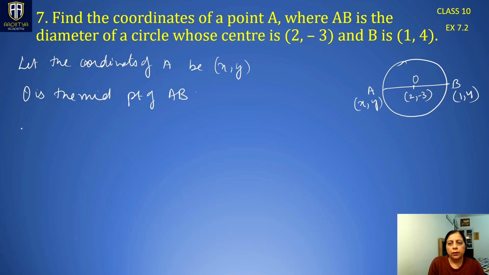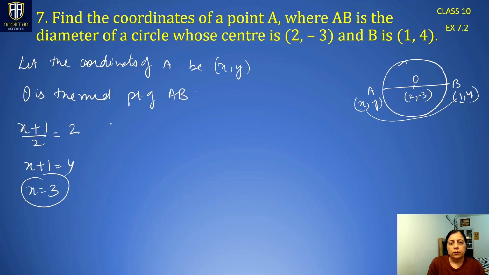Simply applying the formula of midpoint, (x plus 1) divided by 2 gives you this 2. So this becomes x plus 1 is equal to 4, x is 3.